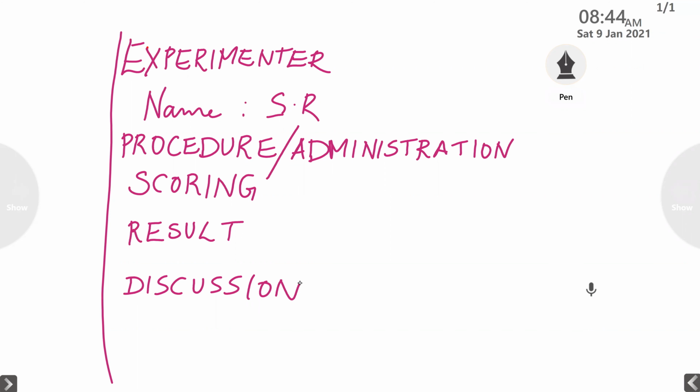Discussion. In result, you will write the values that you got after the test. And in discussion, you will discuss that result. That is, you will discuss what the experiment was, in summary form. What was the aim of the test? How did we conduct it? Was the participant feeling okay?